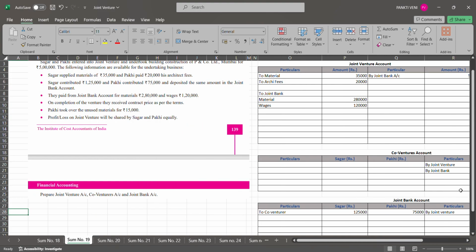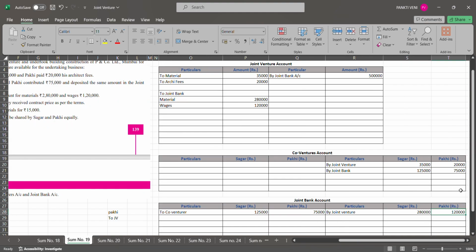On completion of the venture, they received the contract price as per the terms. Paki took over unused material. So material is going, so to joint venture. Who is taking away? Paki is taking away, so Paki to joint venture.